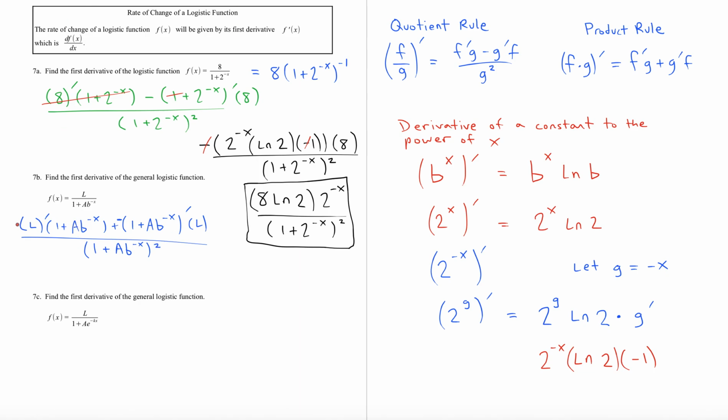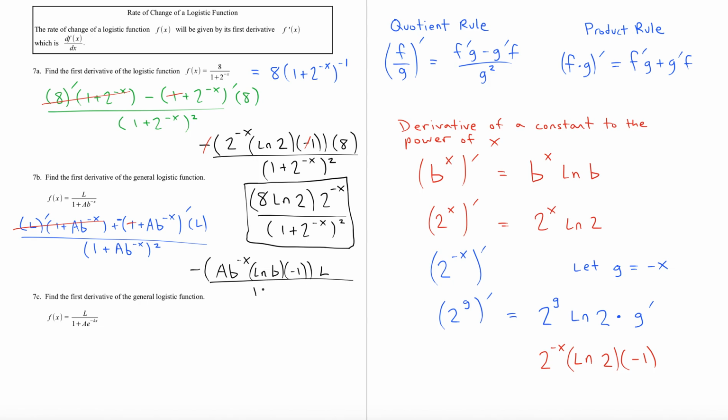Okay, once again, this will go away. The 1 will not be needed. We just need the derivative of AB to the negative x. So that's going to be itself times the natural log of the base times the derivative of the exponent. And then we'll have that L at the end.